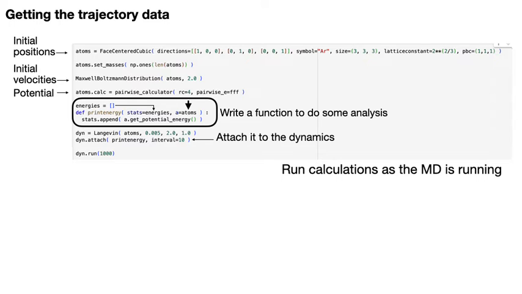At the end of the simulation, this list will contain the energies of the visited microstates because every time printEnergy is called, the instantaneous energy is appended to this list. Notice that you can use a similar idea to calculate averages, histograms, or any other variables. You can thus do any form of trajectory analysis you need by making use of the dyn.attach method.